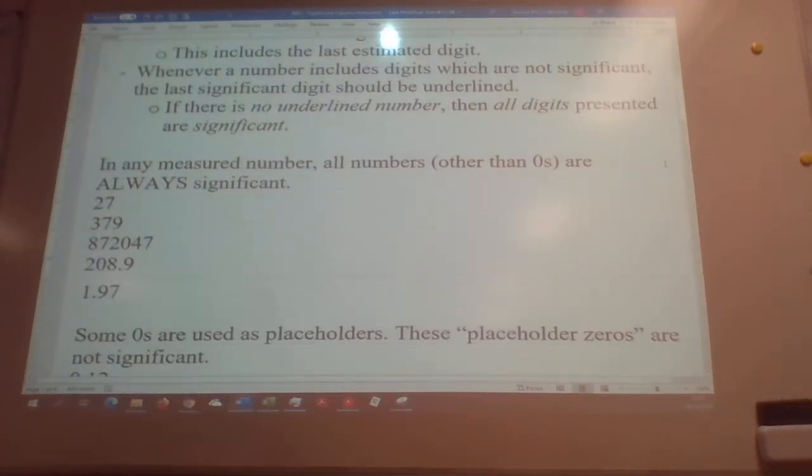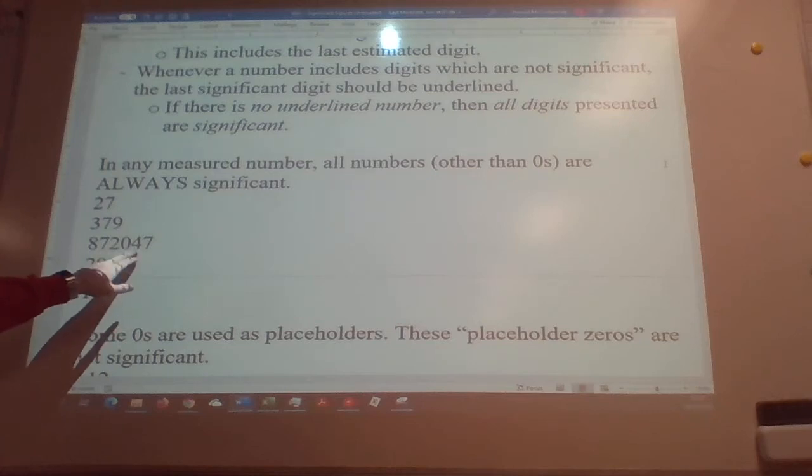So in these first five, the only two numbers that might include insignificant digits are these two. This one, and this one are all non-zero digits, so every digit here is significant. For zeros, when zeros are between two other sig-figs, they are considered significant.